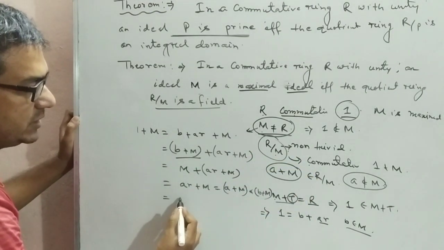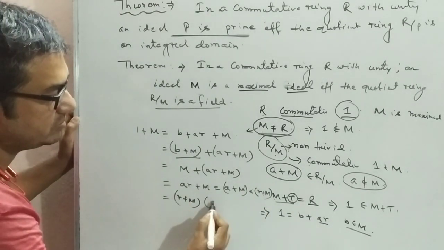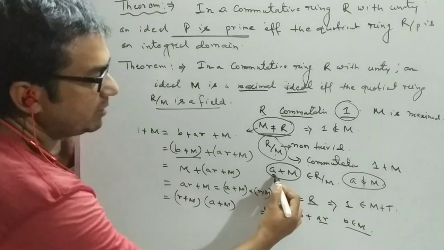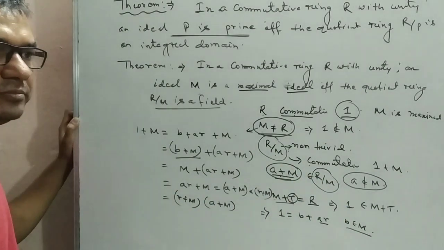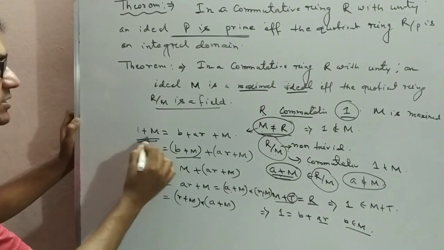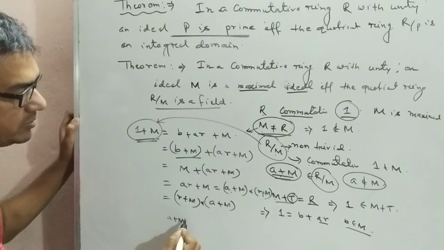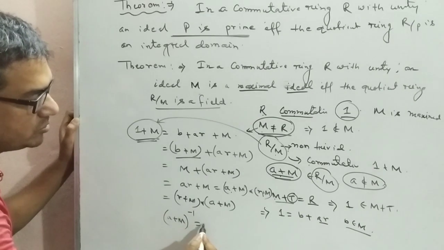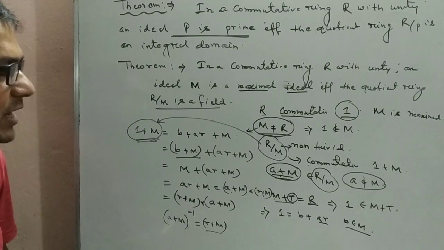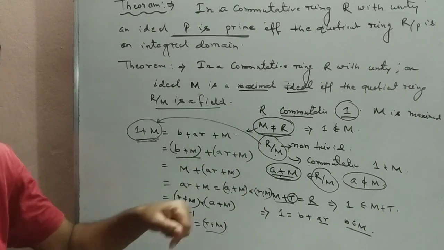Now let A plus M be a non-zero element of R by M. We have A plus M into R plus M equal to R plus M star A plus M equal to 1 plus M, and this is the unity of R by M. So A plus M has an inverse, and the inverse is R plus M. Since A plus M is an arbitrary element, every non-zero element of R by M has an inverse, so every non-zero element is a unit, that is invertible.